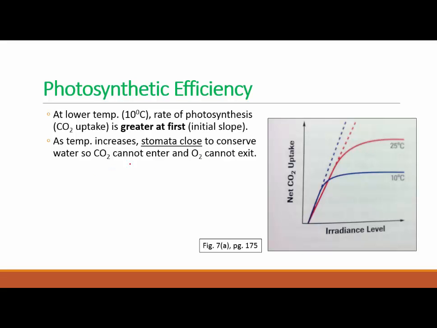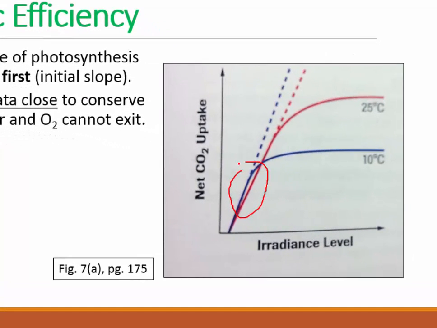In the end, CO2 can't enter very well or very frequently, and oxygen can't exit, and so you start to get that photorespiration. So what they're saying here is, in the early part of the curve, at the lower temperature, the stomates are functioning a little bit better. They're opening great. There's no problem.